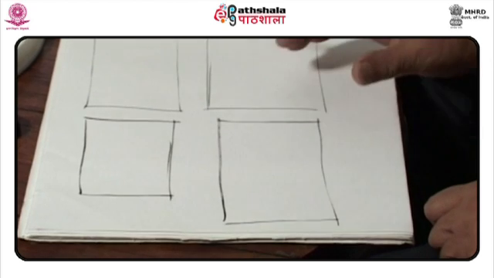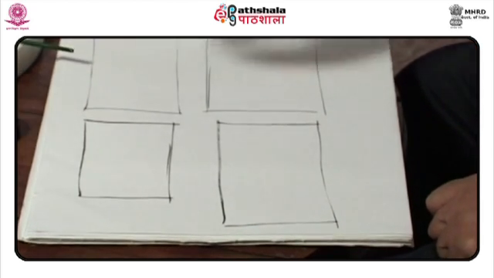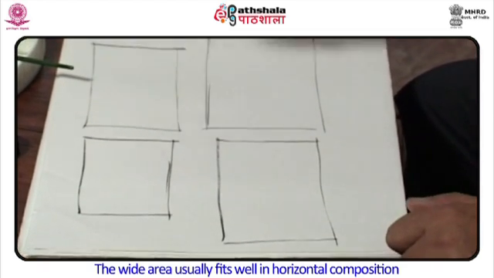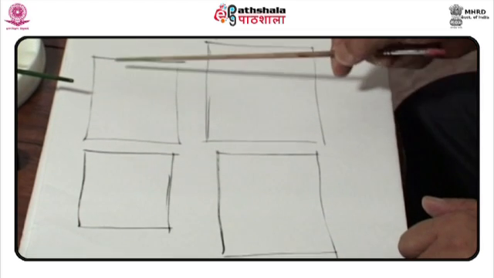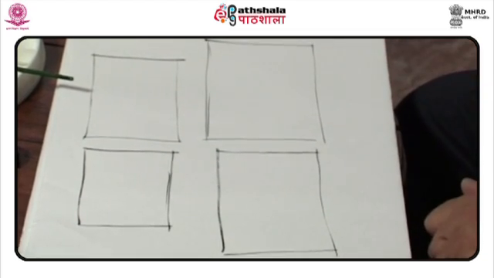But most of the old masters have made many vertical landscapes. The wide area usually fits well in a horizontal composition. Now we have four rectangles at our disposal.